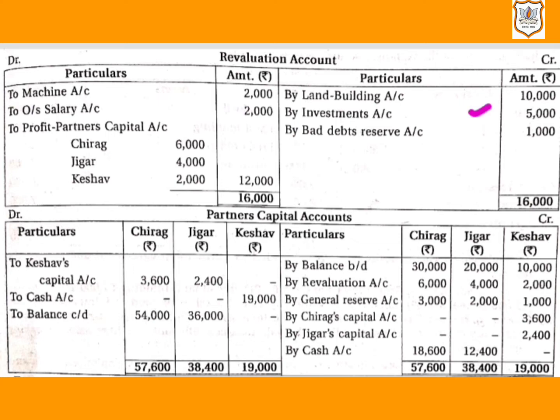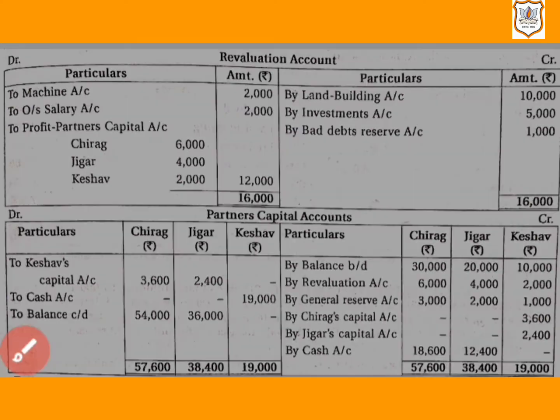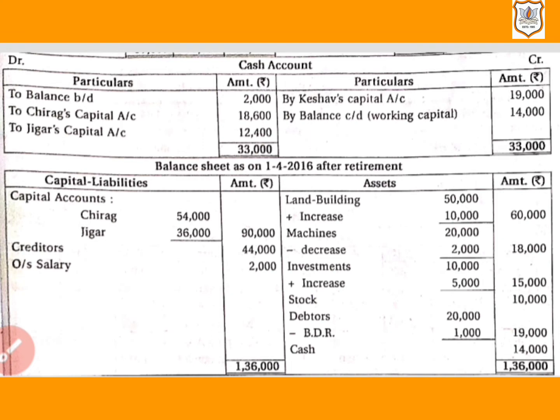By investment account 5,000, it is increasing by rupees 5,000. And in balance sheet here we will add 5,000 to the amount of investment. Here it is 5,000 as the value of investment is increasing by rupees 5,000. So in outer column we will get 15,000 which is market value.